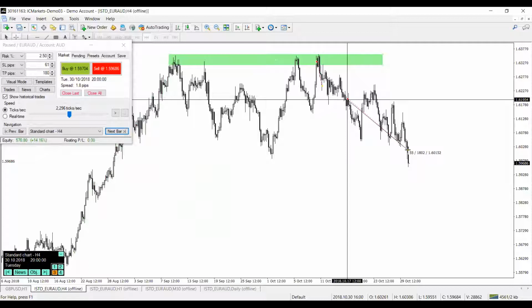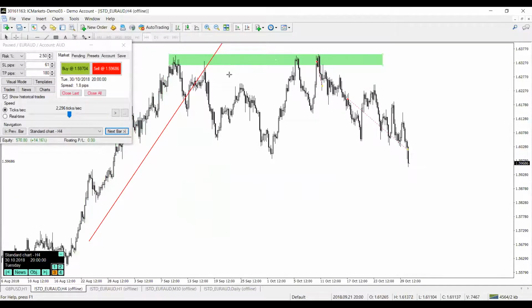So this is why we need to try to use the information that we're using, which is market structure: identify market structure, identify double top opportunities, identify price stepping down, okay?